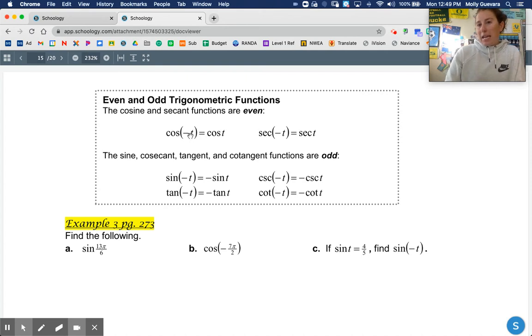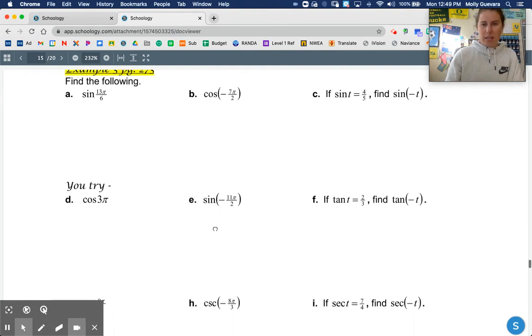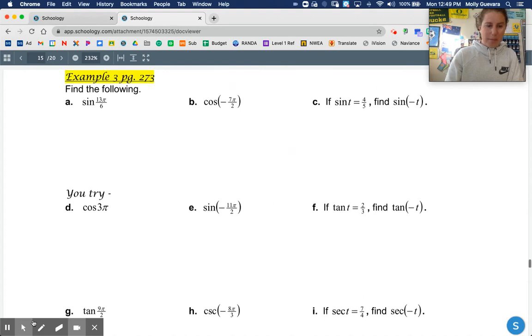But if I plug in a negative number and I get out the same equation as the original, it's even. So I wouldn't focus too much on that. We'll talk about it a little bit, but what we're really going to focus on is example 3.